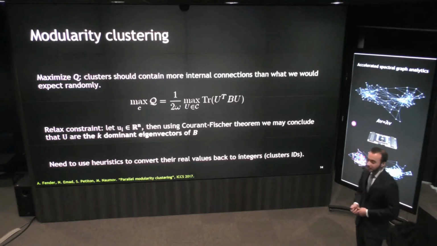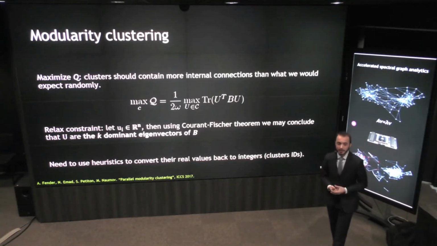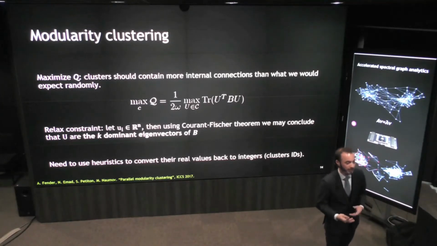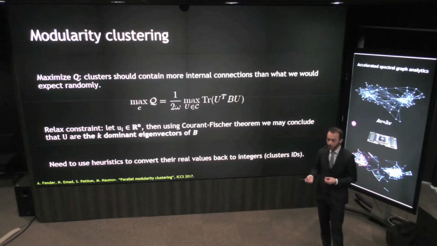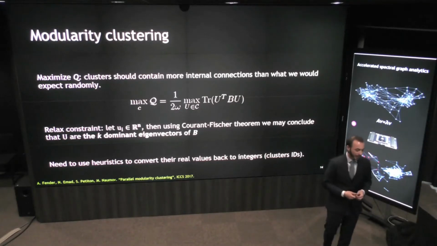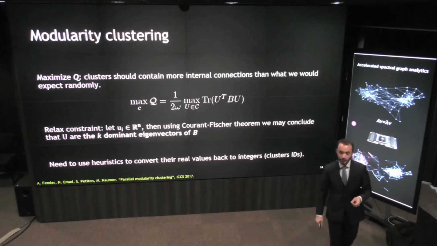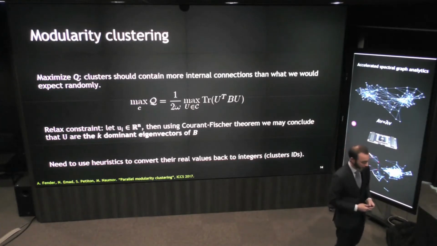Finally, at this point you may wonder, okay, we solved this eigenvalue problem and now we have eigenvectors, but how does this relate to clustering? Because what I want in the end as an answer is in which cluster each vertex belongs. That's why we have to come back from the real values of the eigenvectors into discrete cluster assignments, like cluster 1, cluster 2, and so on.